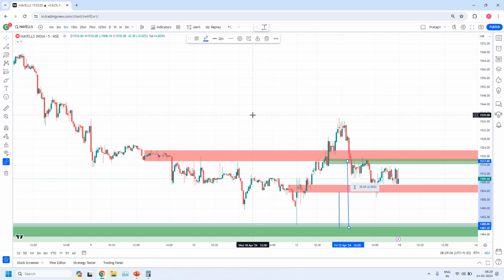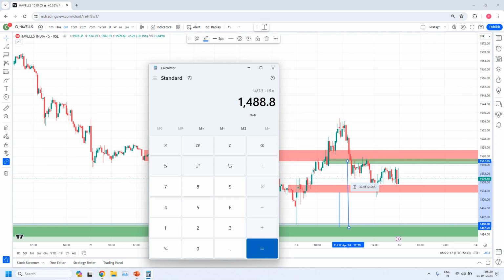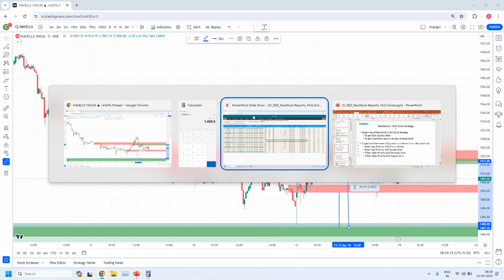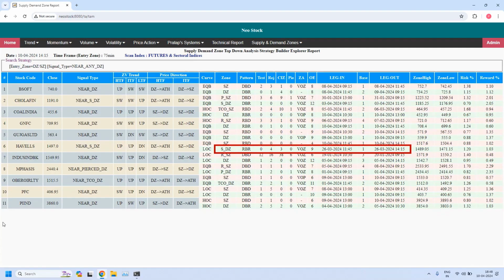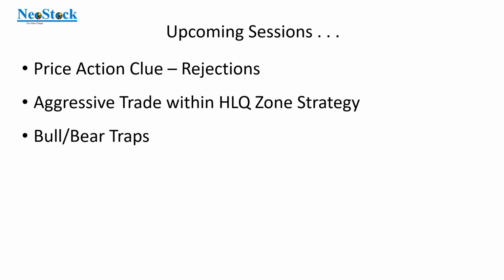Okay, this is about the NeoStock high liquidity zone. Let us look into more scenarios related to these zones in the coming videos. In the next video we will discuss price action clues, that is rejections, and aggressive trades with the HLQ zone strategy.